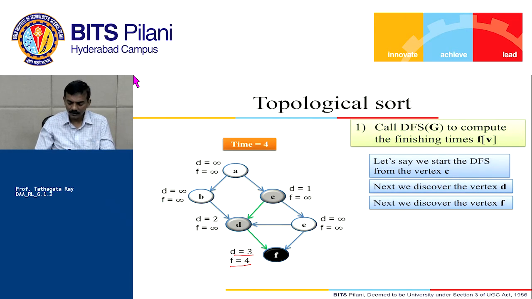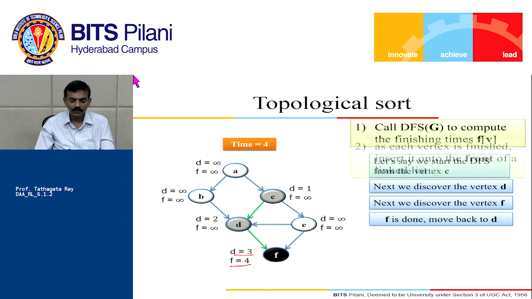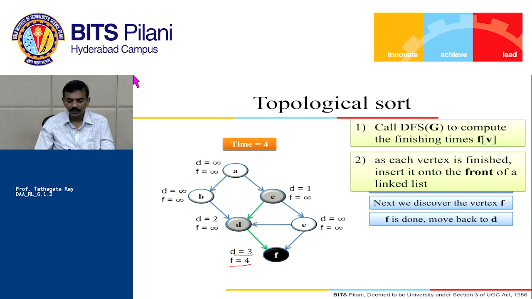Then we increment the time. Once you finish F, you put that particular node into the front of a linked list. So you put F in the front of a linked list.